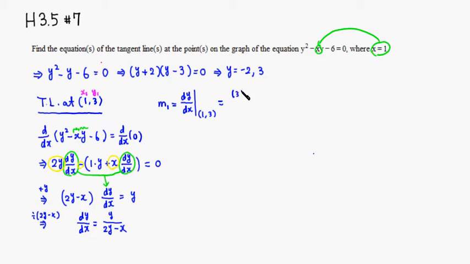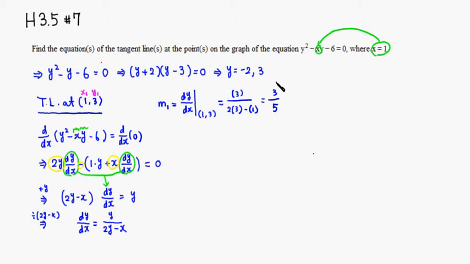So this is 3 over 2 times 3 minus 1. 2 times 3 is 6, minus 1 is 5. So 3/5 is the slope.